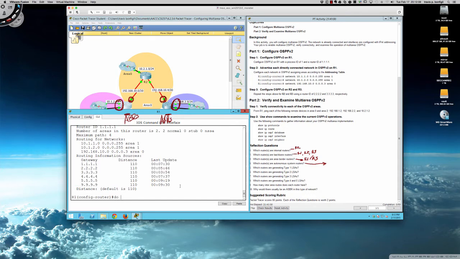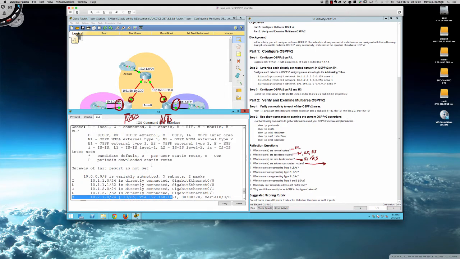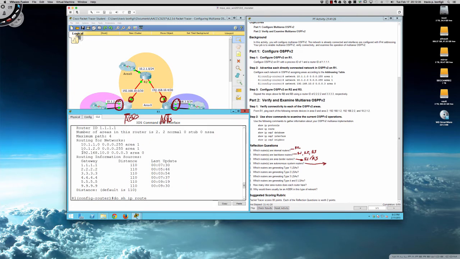What if I were to type in do show IP route? And again, remember, we're on router 1 here. So now you can see I have a number of intra-area routes, right? Routes that are native to the area in which this interface resides. And this 192.168.10.0, if we scroll back up here, you can see that was one of the areas that we were in.